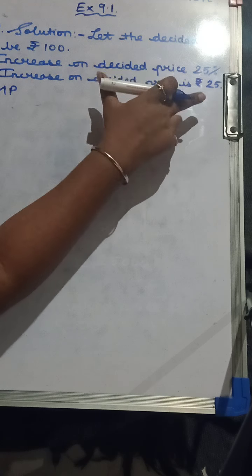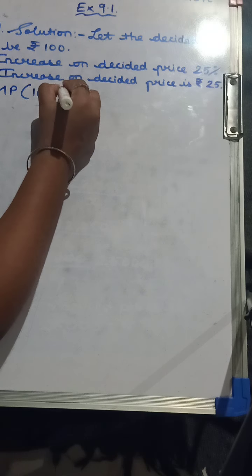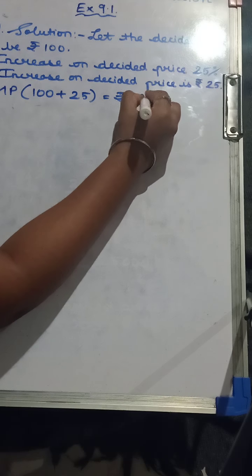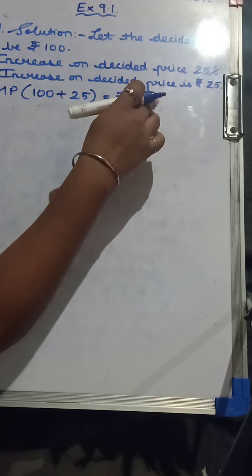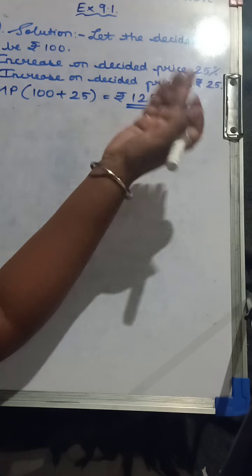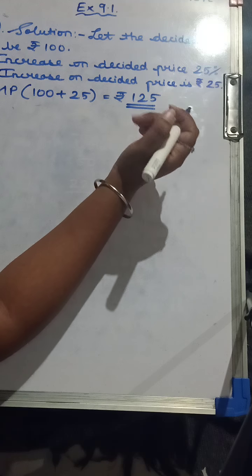The mark price is this plus this, because this is the assumed one: let's take the item for rupees 100 and then the shopkeeper has increased 25 rupees on that. So we are going to take mark price as 100 plus 25, which gives us rupees 125. This is the actual price that the shopkeeper has kept by increasing 25%.